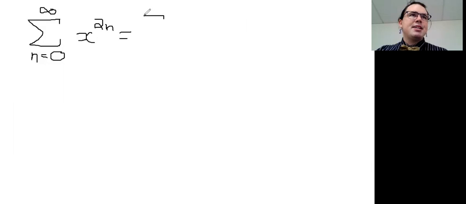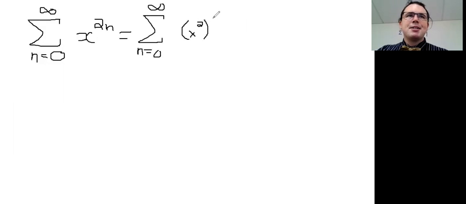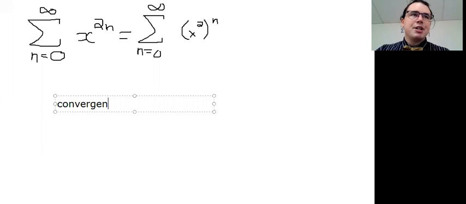Well, this is not terribly far removed from the geometric series. What I'll do is I will group this. X to the power 2n is the same thing as squaring the number x and then raising it to the nth power. So here, this will be convergent when the absolute value of x squared is less than 1.